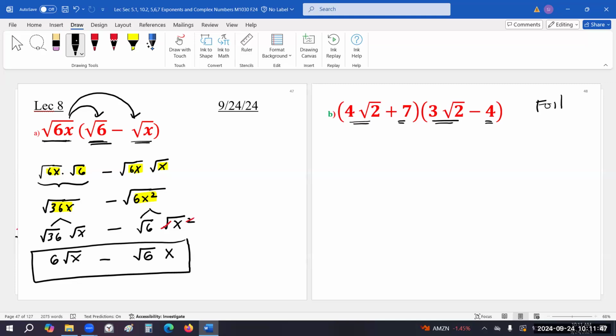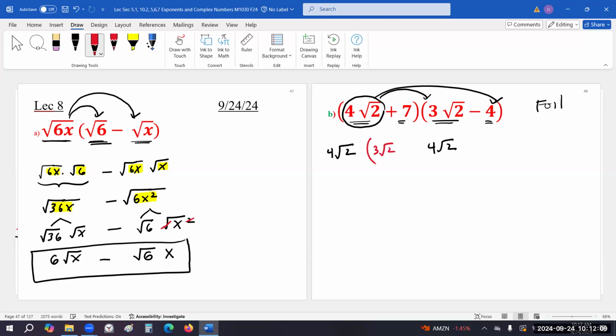Okay, anyway. So when you multiply two terms by two terms, we use FOIL. We take the first term and multiply both terms in the second factor.